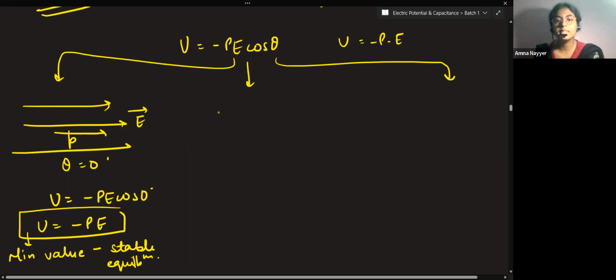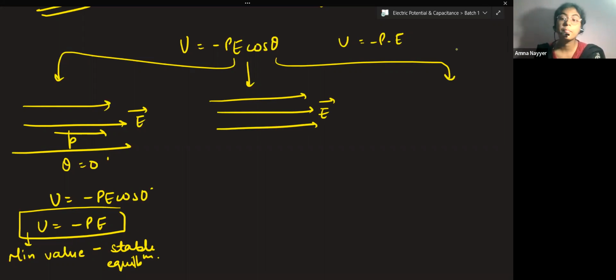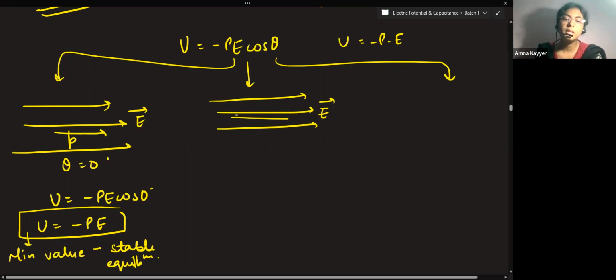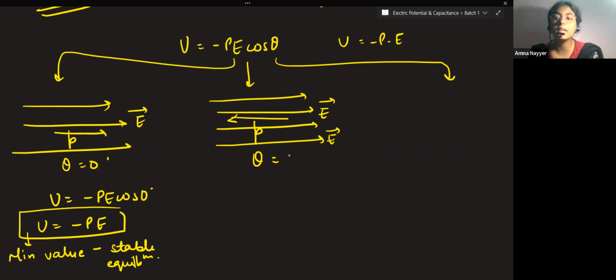If it is anti-parallel, then what will be theta? If this is the direction of the dipole, then what will be theta? Look at the figure that is given to you.